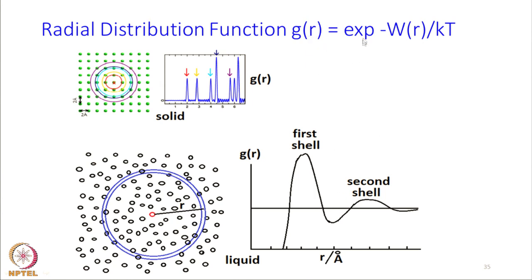If I take exponential of minus w(r) by kT, which is g(r), this w(r) tells me the work done to bring the particle from infinity to a given distance r. That is the meaning of w(r), which is related to g(r). Remember this in future calculations.